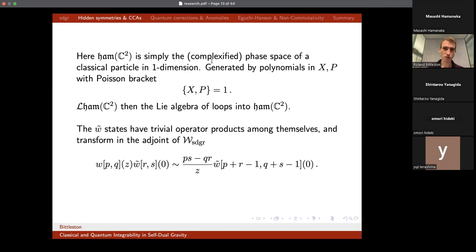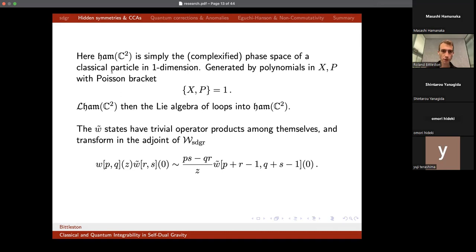This is the same as the complexified phase space of a classical particle in one dimension. What I mean is polynomials in a position variable x and a momentum variable p with the standard Poisson bracket. This is probably one of the simplest examples of a Lie algebra one can imagine, one of the first ones anyone will come across when studying physics. They probably wouldn't recognize it was a Lie algebra at first, but honestly, it's one of the most natural things one can write down.